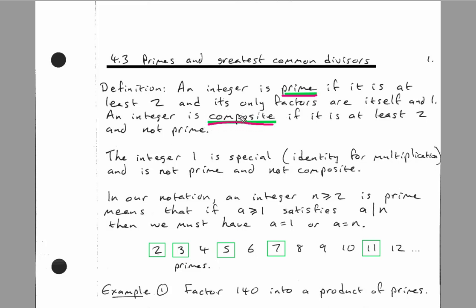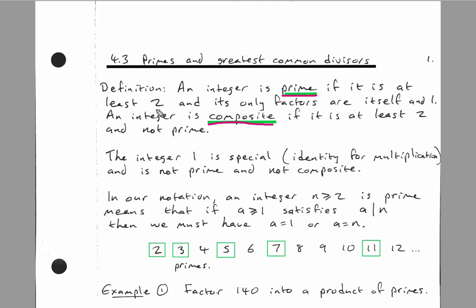And an integer is composite if it's also at least 2 and not prime. Alright, so any integer 2 or higher is either prime or composite.